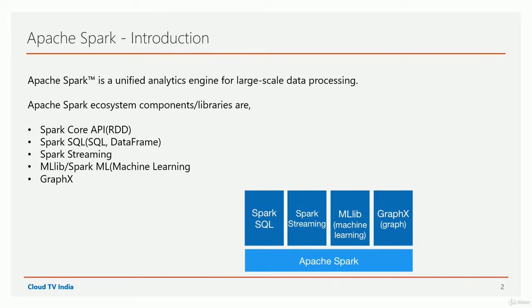Hadoop is mostly meant for batch processing, and some jobs are very slow. To overcome those problems in the Hadoop framework, mainly in terms of parallel distributed computing, the Spark community developed a framework called Apache Spark.